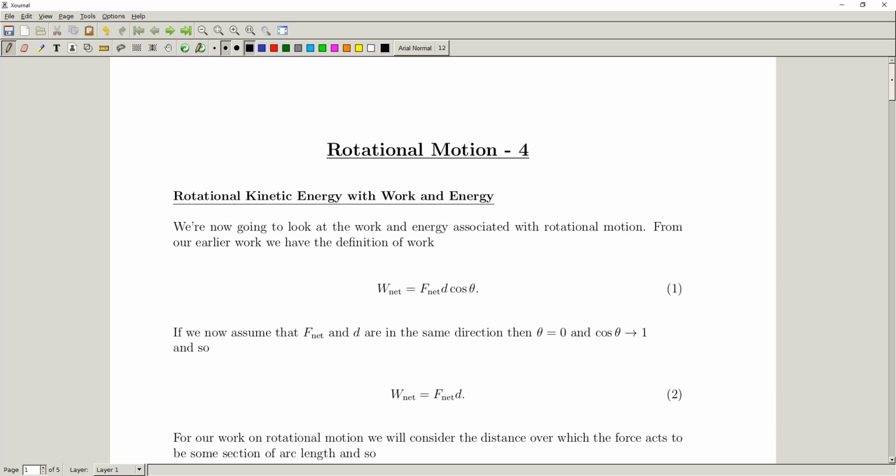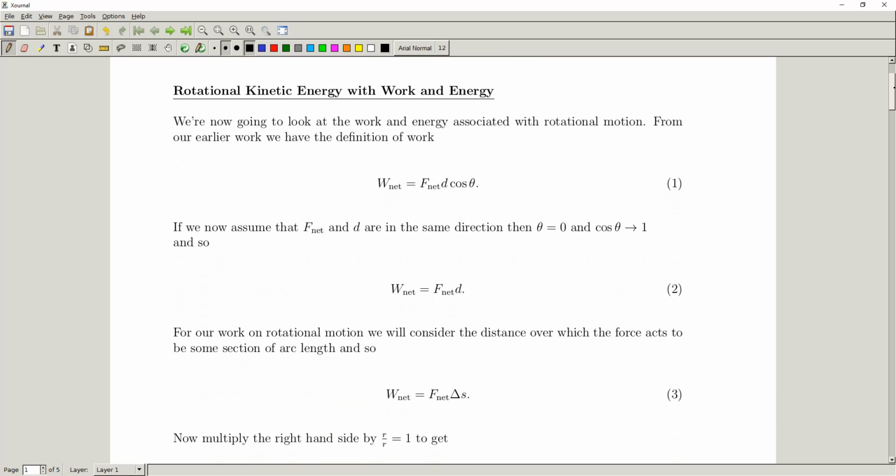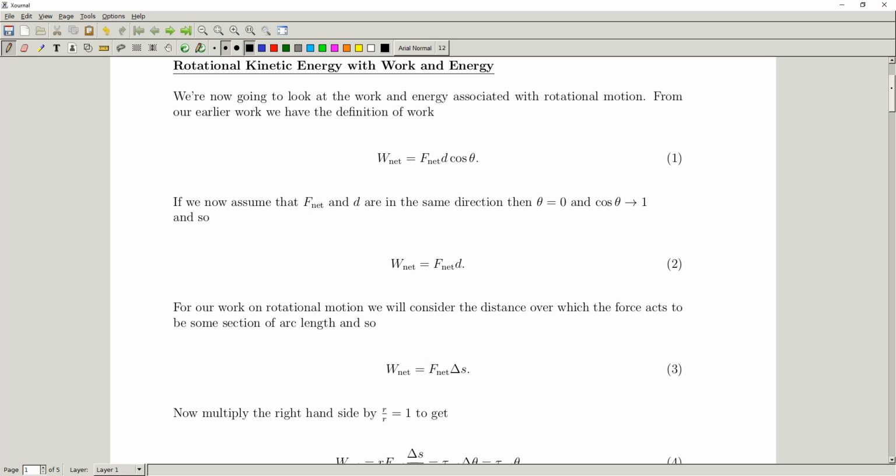So we're going to start off by generating an expression for work in terms of rotational variables, so we can look at the work done on rotating systems, right? So we're going to start off with our original definition of work that we developed a number of modules ago, right?